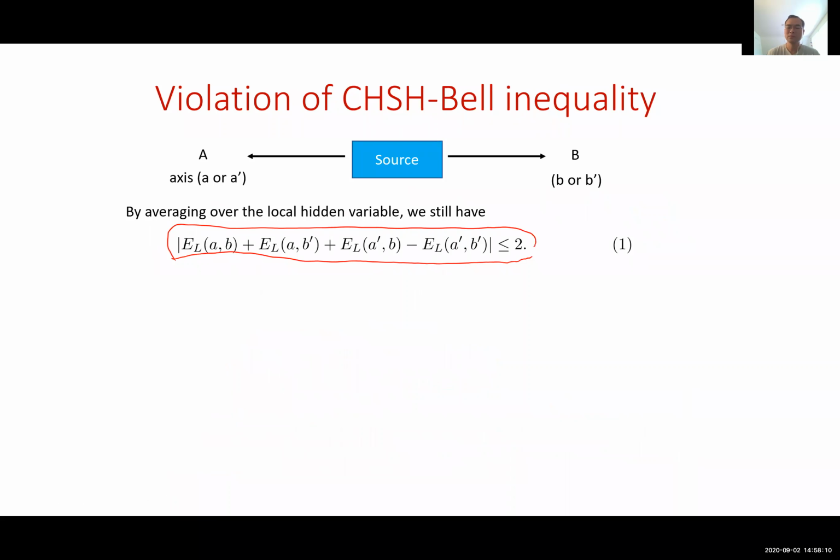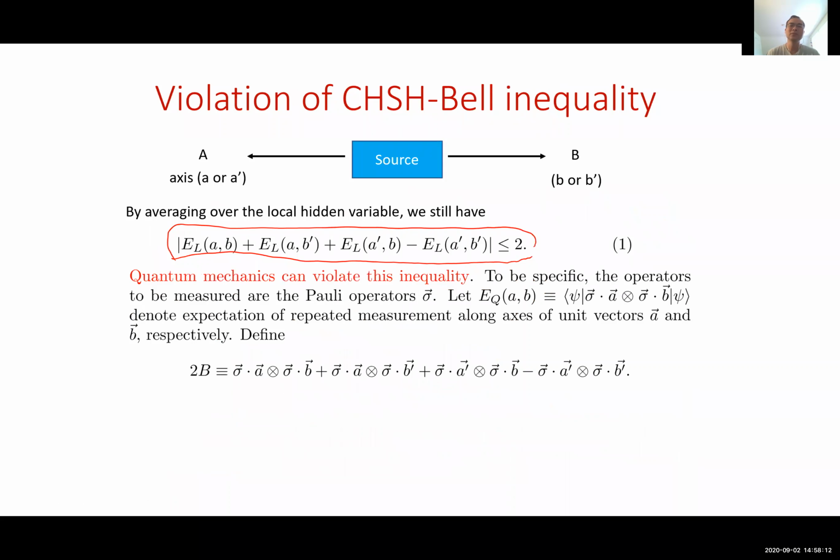Okay, but in quantum mechanics, you can actually violate this inequality, right? So now I have to explain what this is. In quantum mechanics, you measure the observable. On the A side, you're taking a measurement apparatus, like measuring the spin.